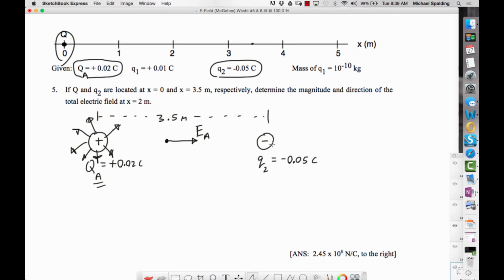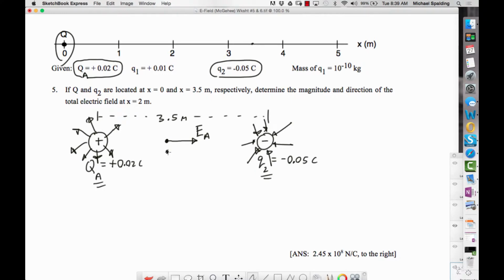Now, we have a big negative. What do we know about the electric field around big negatives? It goes in. Why does the electric field go in? Because that's what a little positive would do, right? The direction of the electric field is based on what a little positive guy would do. So what's the electric field from charge 2 doing at this point we're focusing on?